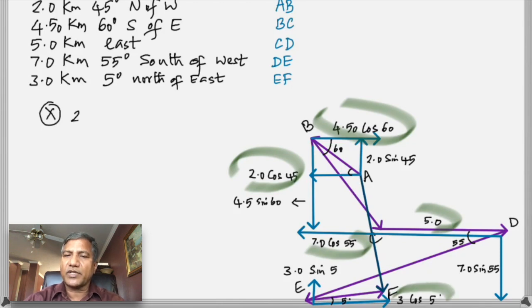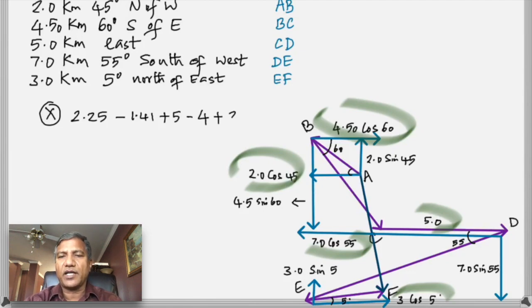Now you see that some of the x components are positive. To the right is positive, to the left is negative. And here actually I'm writing the numbers. I put this into the calculator. I did 4.50 times cosine 60 and I got 2.25. And then similarly I did 2.0 times cosine 45. I got 1.41, but I know it's negative because it's to the left side. So that's how I'm getting all those numbers.